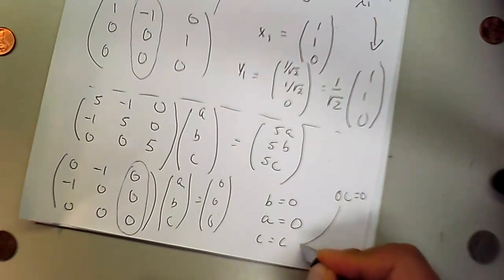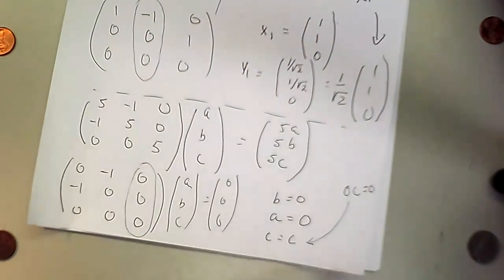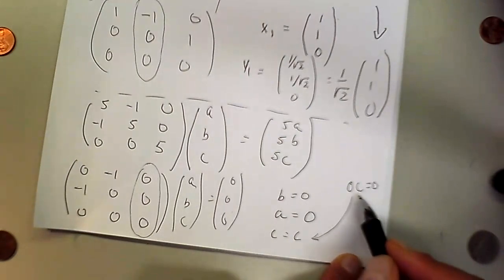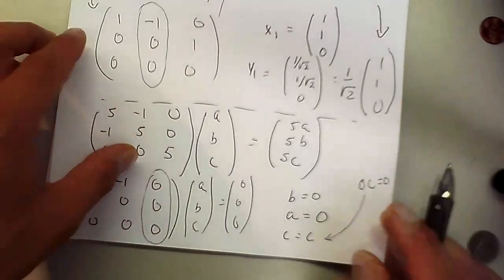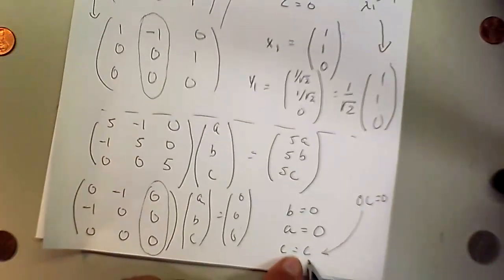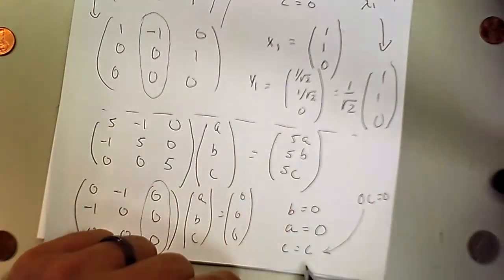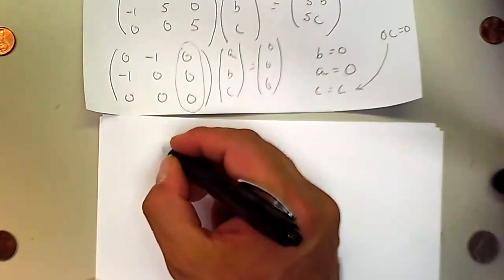So C can be anything it wants to be. If C is 0, no problem. If C is 1,000, 0 times 1,000 is 0. So it doesn't matter. In particular, it can be 1. So we have 0, 0, 1. Our eigenvector is 0, 0, 1 for 5.